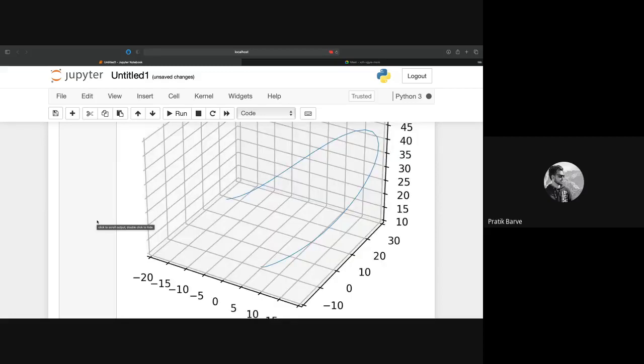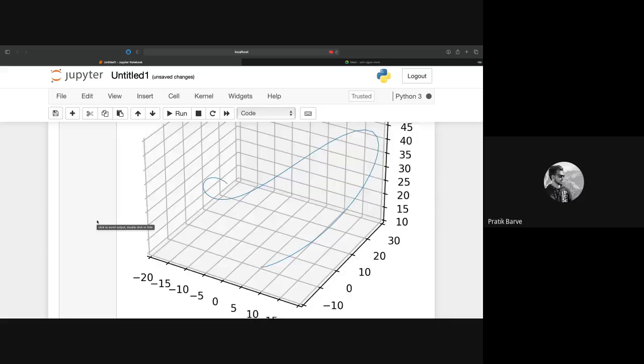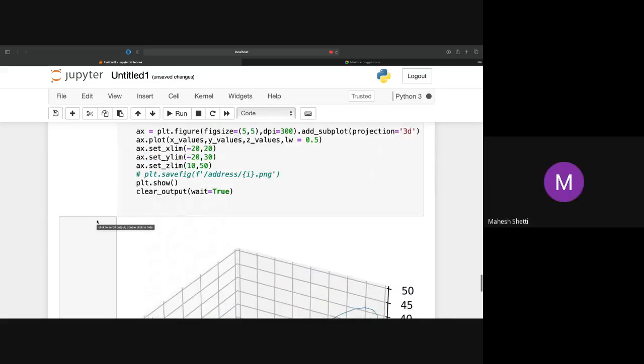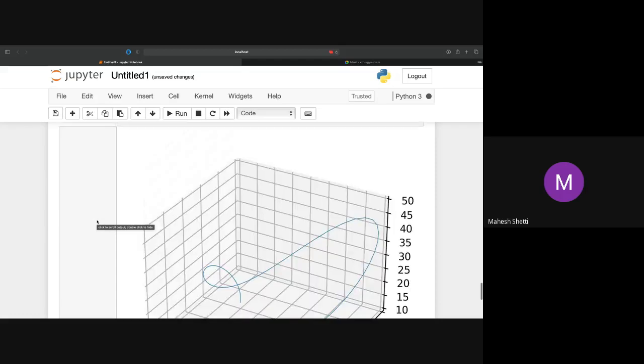Now you can see it will speed up as it goes towards the attractor. So it will take a lot of time, because these are 10,000 iterations. So what you can do is, can you reduce the time gap? Okay.